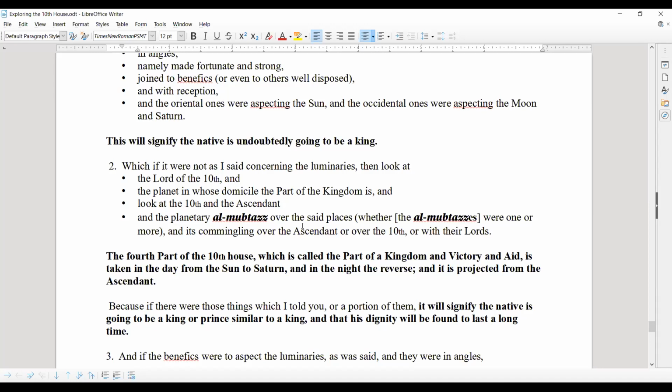Are they involved with the ascendant or the 10th or with their rulers? And that would make the native a king. And this is the part of the 10th house. You take it from the sun to Saturn, and we're going to show next week how to do these things. And it is projected from the ascendant.